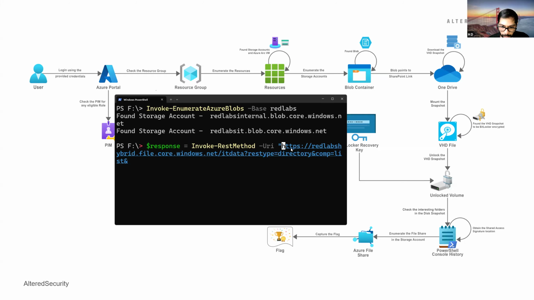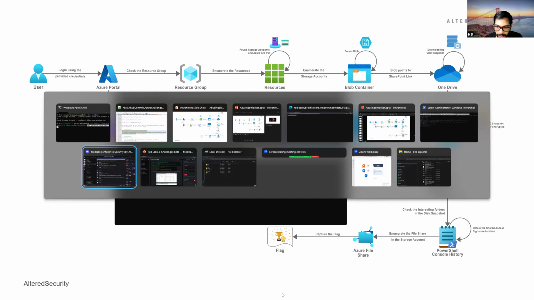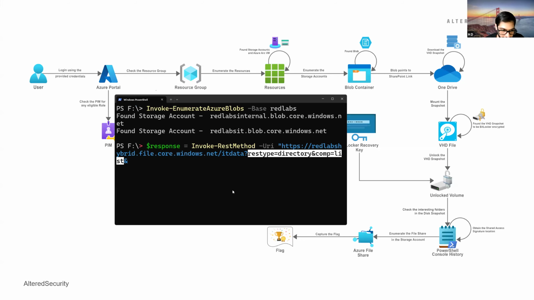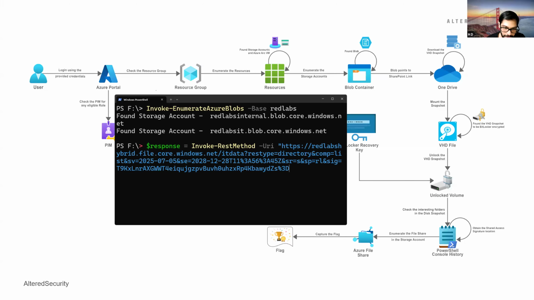I have copied the base URI. Then I did the rest type equals directory and comp equals list, as Microsoft Docs states it. Then I copy pasted the SaaS URI from the other PowerShell window, pasted it here, and I get a response.